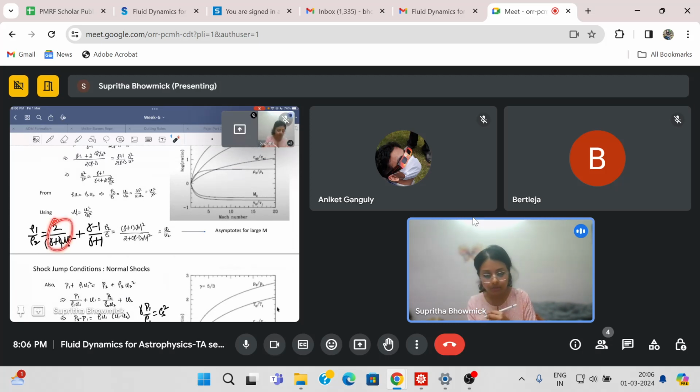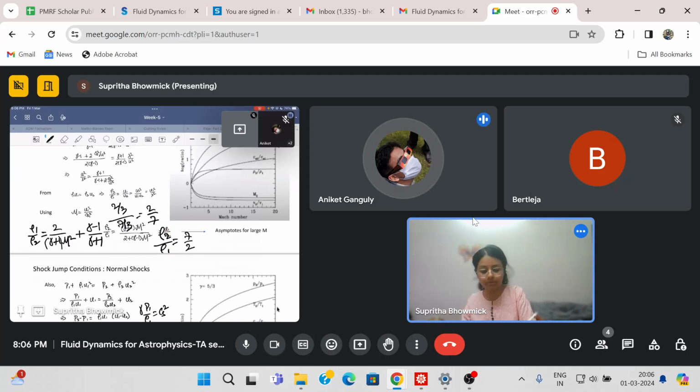So this term is 0, and then substitute gamma equals 5 by 3 and see what we get. Gamma minus 1 is 2 by 3, gamma plus 1 is 7 by 3. Rho 2 by rho 1, which is the actual jump, because rho 2 is behind the shock and rho 1 is in front of the shock, is 7 by 2.